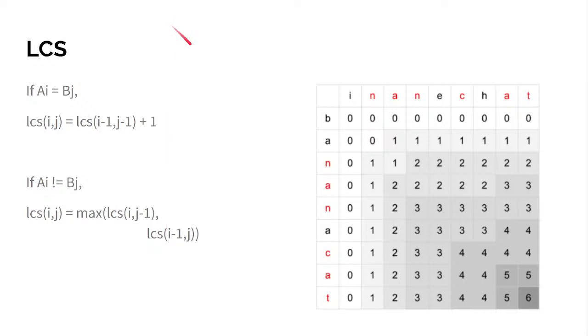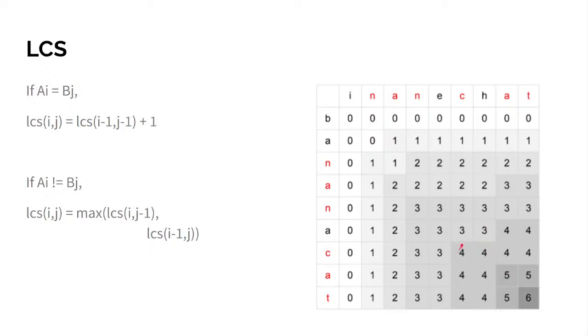So if you look at this LCS function, t equals t, so you just take it from this plus 1. Then for this, a equals a, so it's just this plus 1. Then for this, h is not equal to c, so you take the max of this and this.